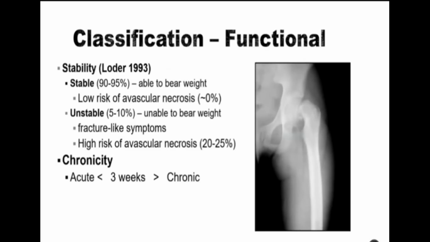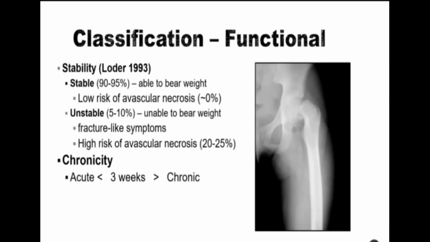The good news is if we treat it, the rate that they develop avascular necrosis or a long-term problem is about 0%. If it's unstable, the rate of avascular necrosis, where you lose the blood supply of the hip, is about 20 to 25%. So it's a big deal. It's a detrimental condition. An unstable slip can be really bad. We'll talk a little bit more about that later.